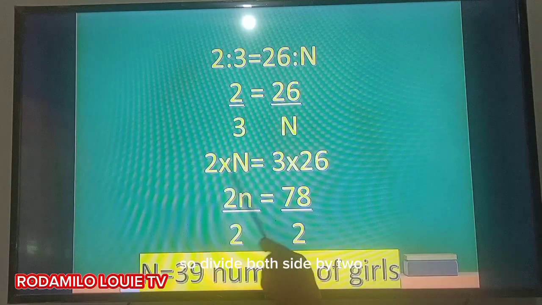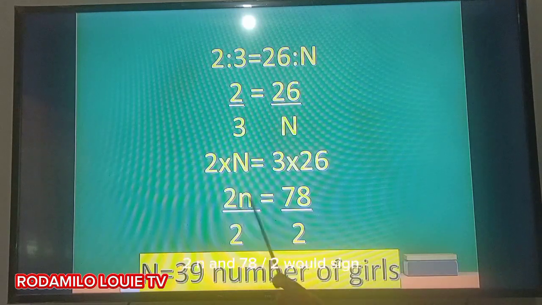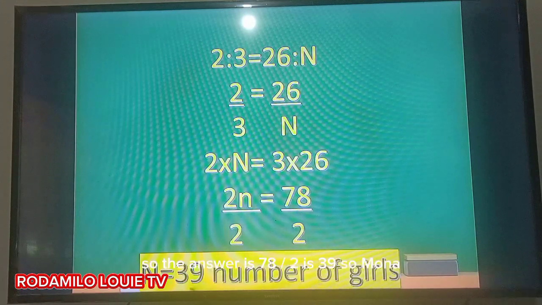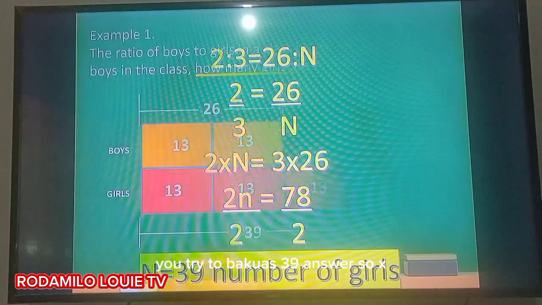So divide both sides by 2. 2n and 78 divided by 2 on both sides. So the answer is 78 divided by 2 is 39. So that is how we get the answer 39.